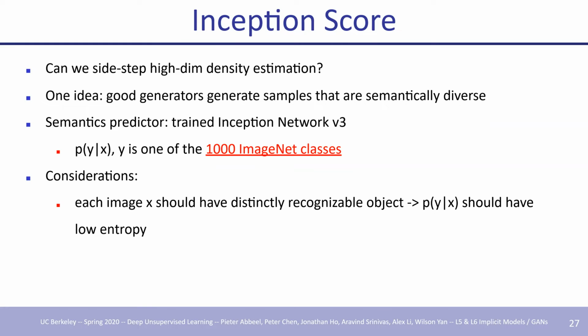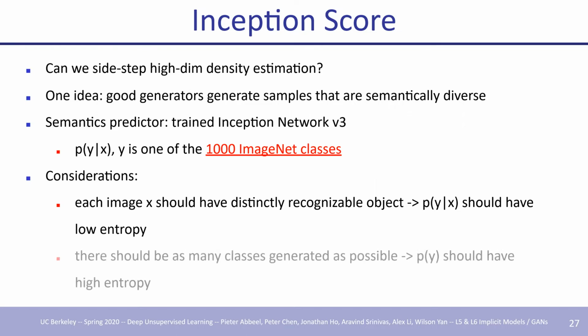If it's not sure, it just says 1 over 1,000. It's almost the same in all of these numbers. Then it has very high entropy. But what we want is for inception to say, you generated a dog or you generated a cat, or you generated a plane, instead of saying it looks like a dog plane. Also, there should be as many classes generated as possible.